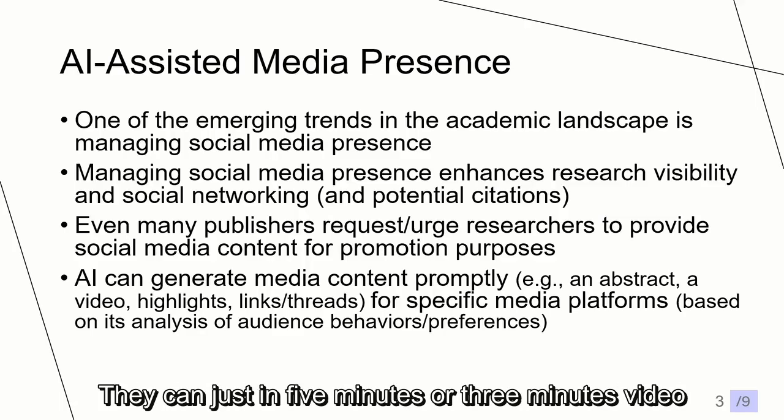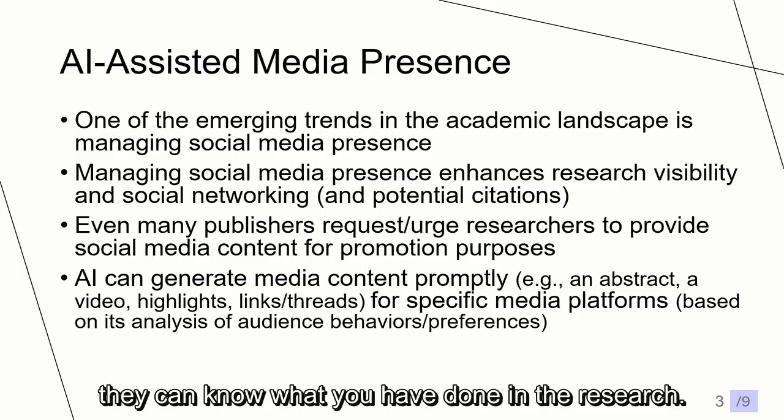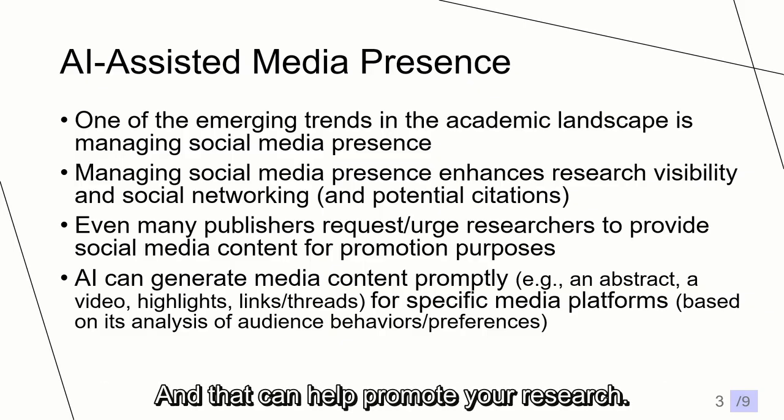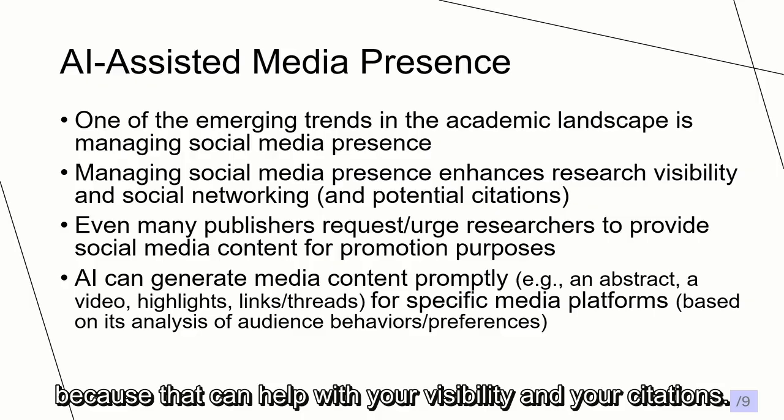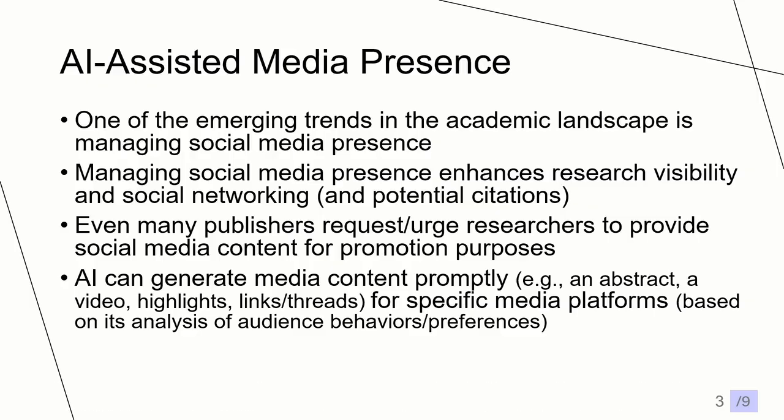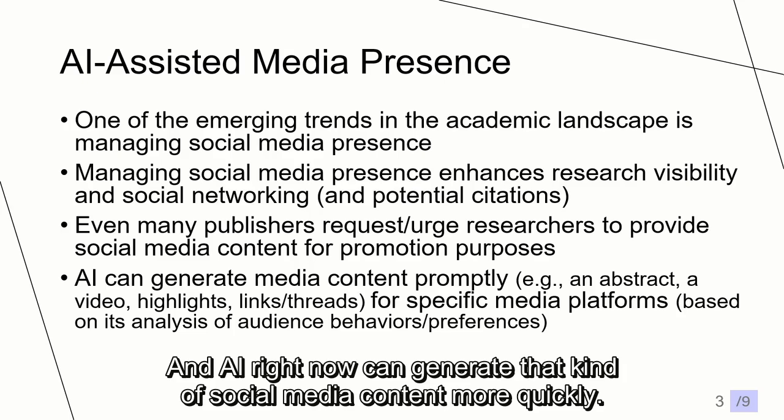In a 5 minute or 3 minute video, they can know what you have done in your research, and that can help promote your research. I did not do it, but many people actually do it because that can help with your visibility and your citations. And AI right now can generate that kind of social media content more quickly.